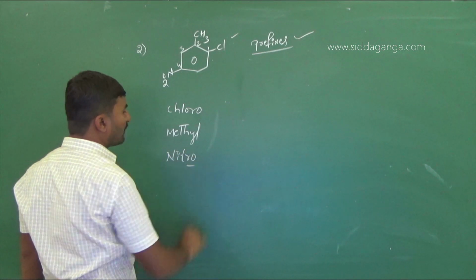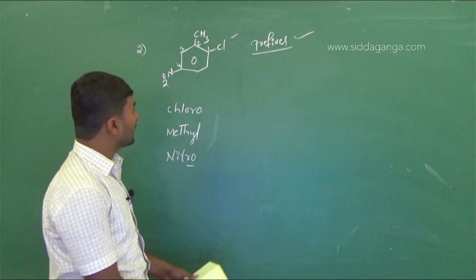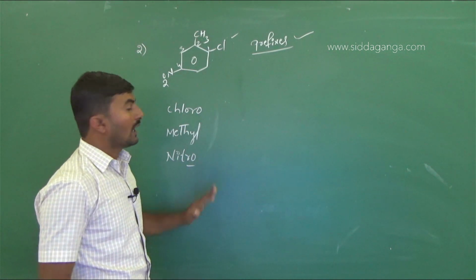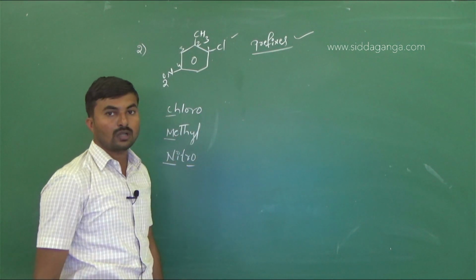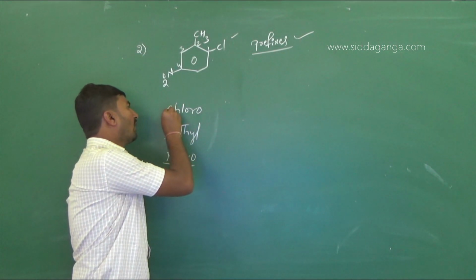If any organic compound has multiple substituent groups, we have to name them according to their alphabetical order.